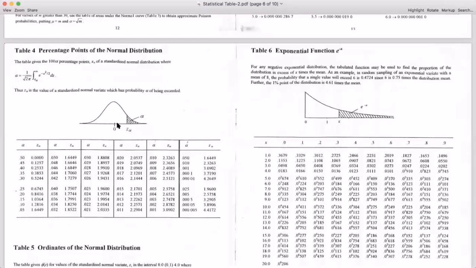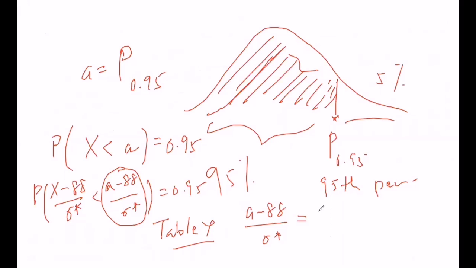Look at 5%, it will be here: 1.6449. So let's go back to the whiteboard. This will be 1.645. Then you can solve for your A by simple algebra: multiply with the known standard deviation and add 88.